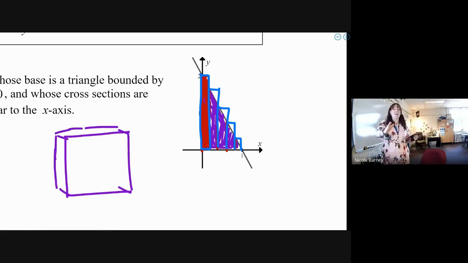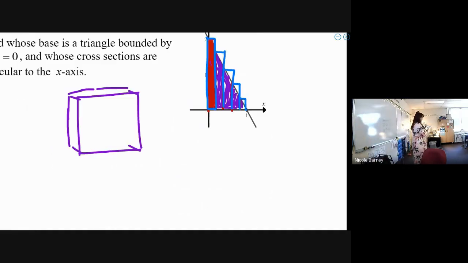How do we find the volume of something like that? We do length times width times height. That's how we find the volume of any prism, because we take the area of the base and multiply it by the height, which means I take these squares and stack a bunch of them up. That would be the volume of that.